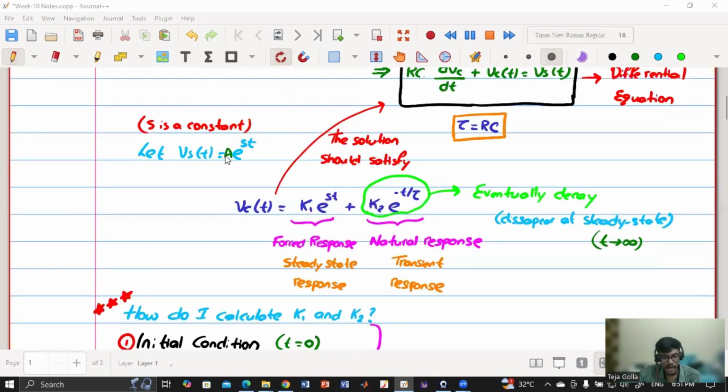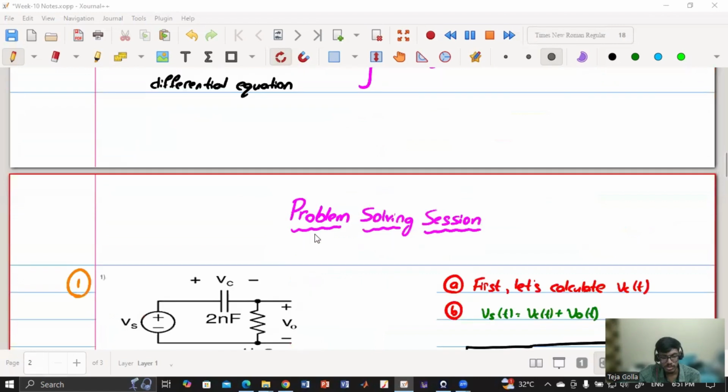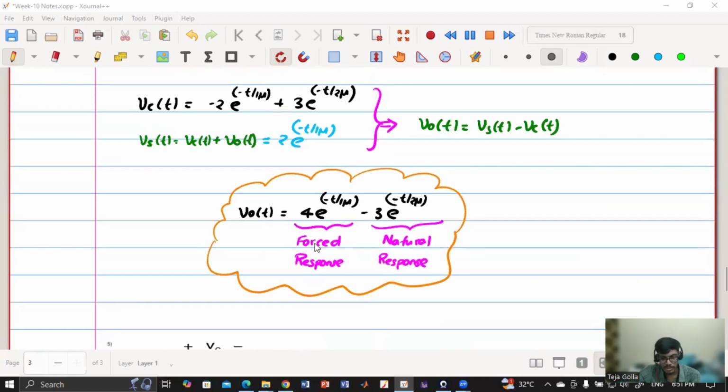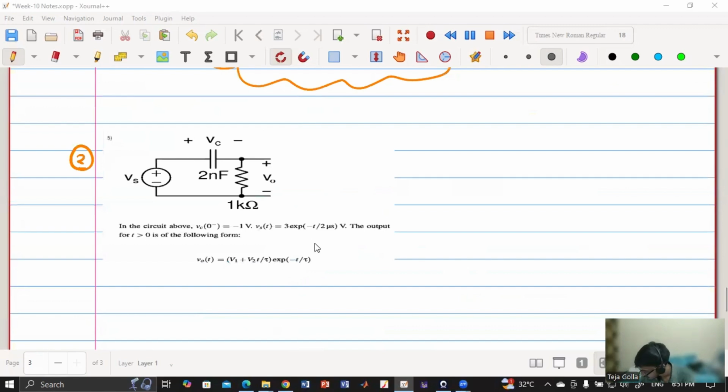So now I'll come to another interesting aspect. Here I have told that if Vs of t equal to A into e to the power st, then the output will be a forced response of this plus some natural response, right? So let me just summarize here. This is Vs of t and this is Vc of t.